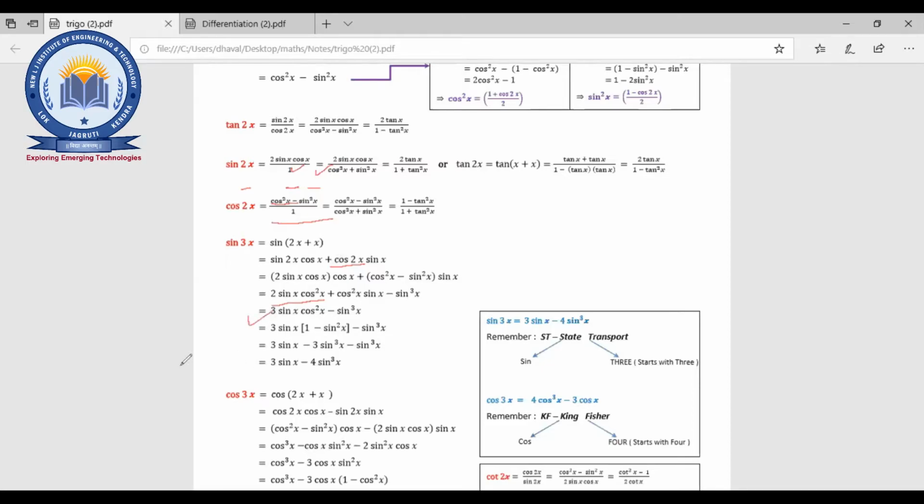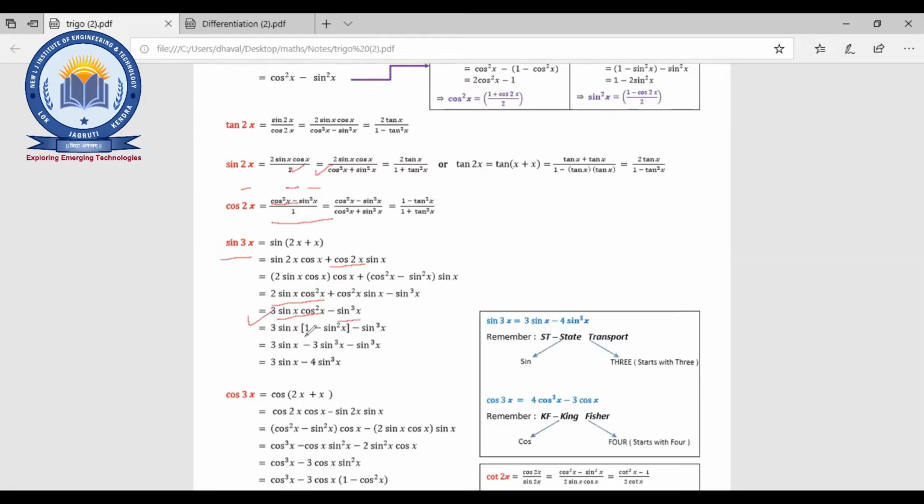Now, all the terms are in sine and cos form. Here it is sine cube x, and since we want sine 3x, on the right side we will derive the expression in such a way that we get everything in terms of sine x.